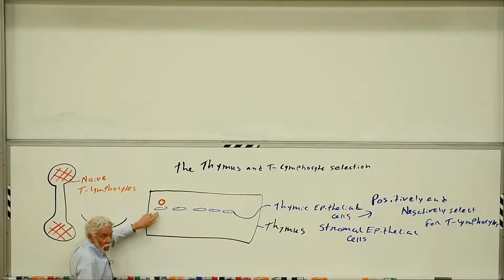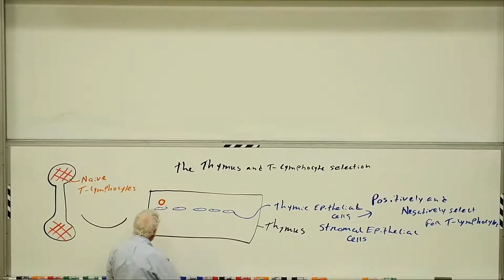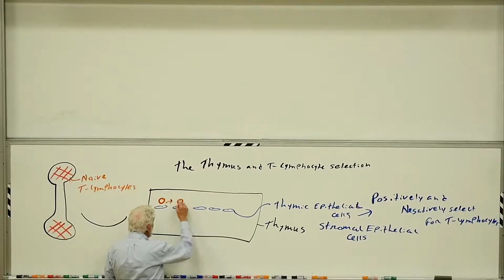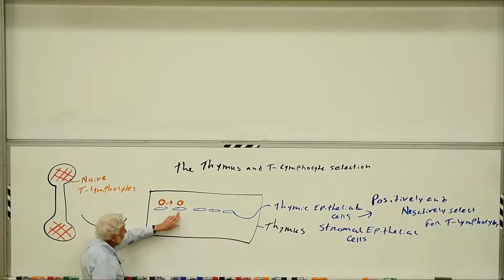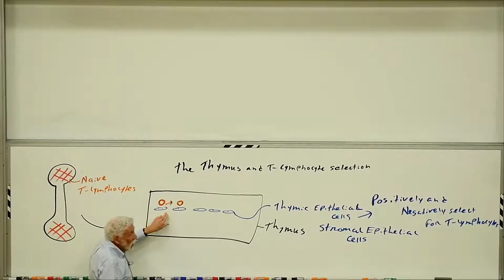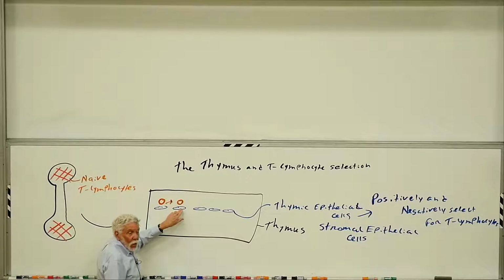And this cell basically says, congratulations, and passes that cell on to another cell. This cell says, well, congratulations, you've graduated from school where you now can recognize foreign proteins, but now tell me, what kind of proteins can you recognize?